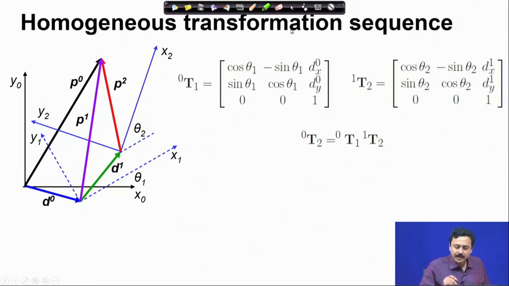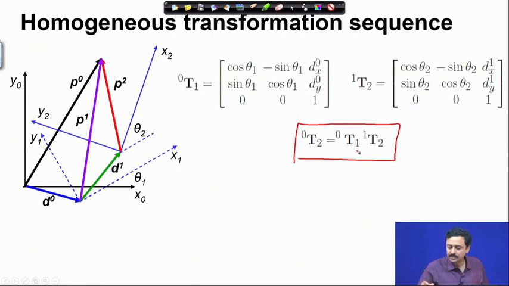Now, if I want to find out the transformation from 2 to 0, then I just multiply. So, transformation from 2 to 0 is transformation from 1 to 0 times the transformation from 2 to 1. So, 1 to 0, 2 to 1 gives me 2 to 0.